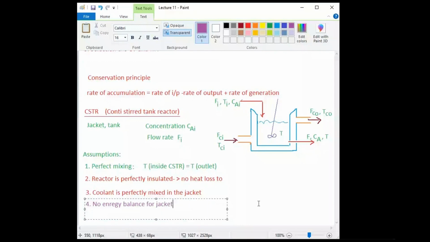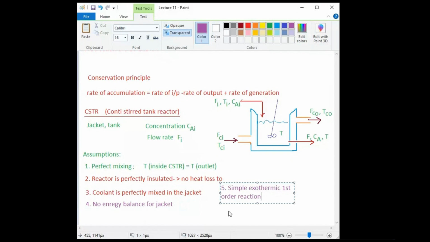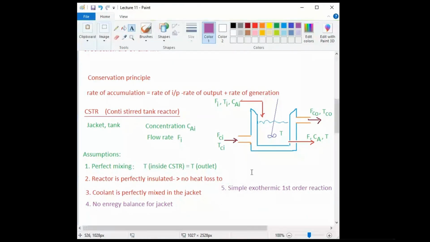You can write before all these that this is a simple exothermic, first order reaction. That means heat is coming out of the reaction. Exothermic, heat is coming out.